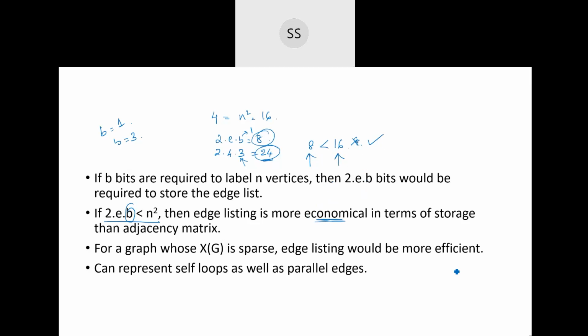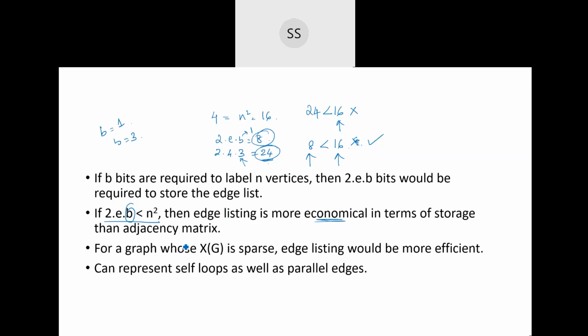But in this case, where the number of bits to represent my vertex has increased from 1 to 3, the value becomes 24, and 24 is not less than 16. So in that case, my adjacency matrix is considered to be much better when compared to the edge listing.